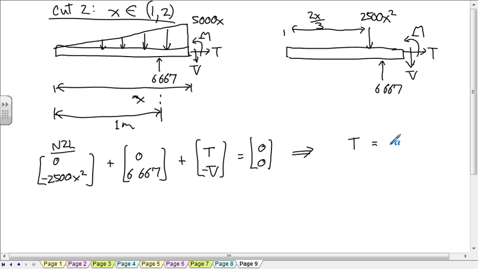So T is equal to 0, V is equal to negative 2,500x squared plus 6,667.